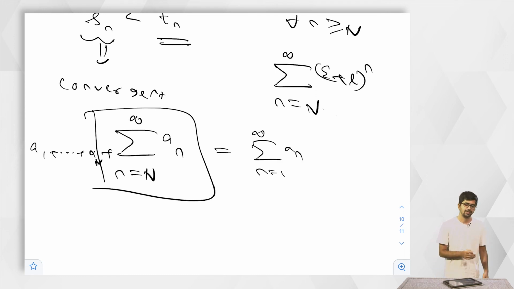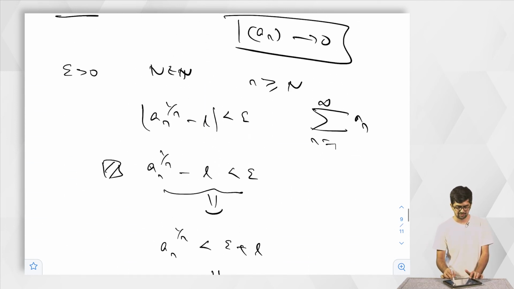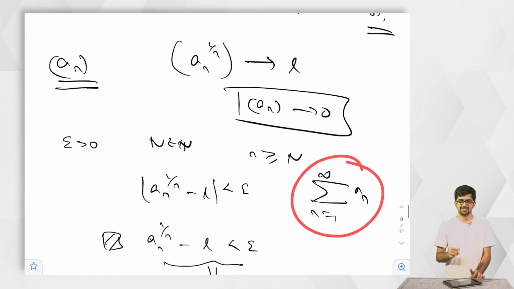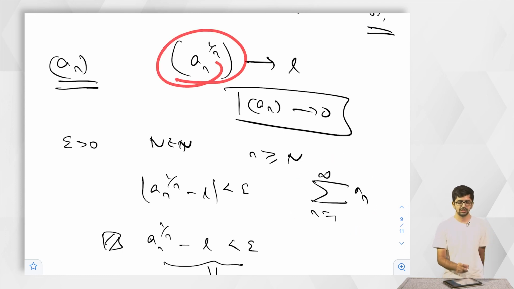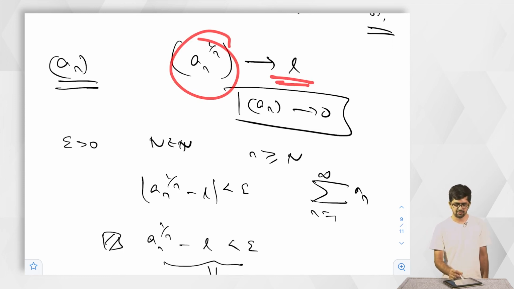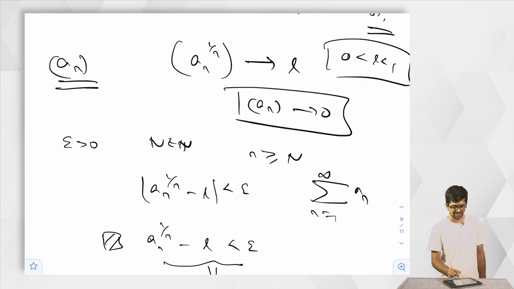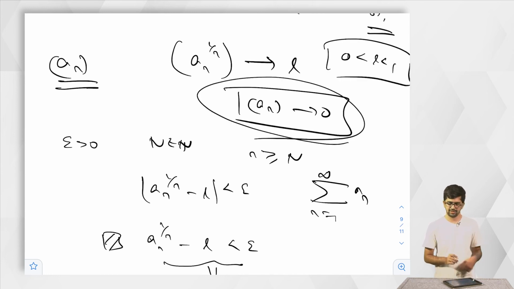So suppose I have a series, summation a_n from 1 to infinity, such that this root, previously it was ratio, the nth root is going to some element L with 0 less than L less than 1. Then this is true, no surprise, and this is convergent.